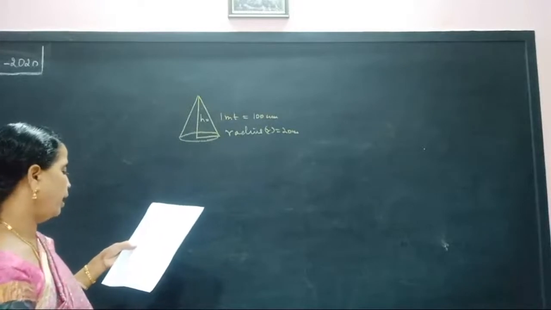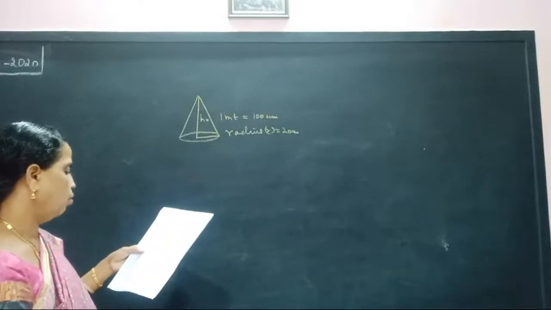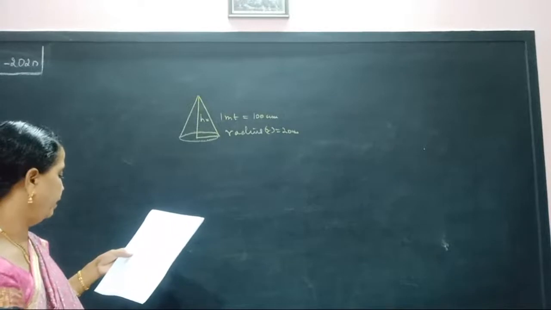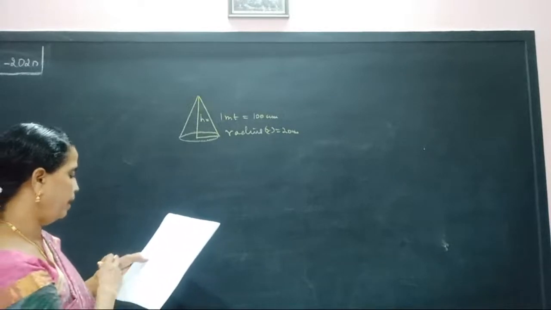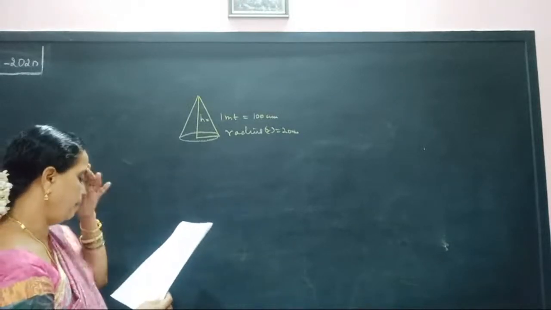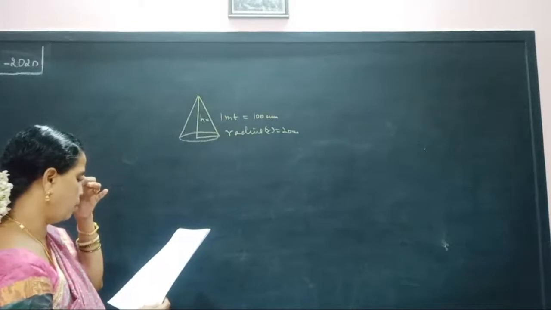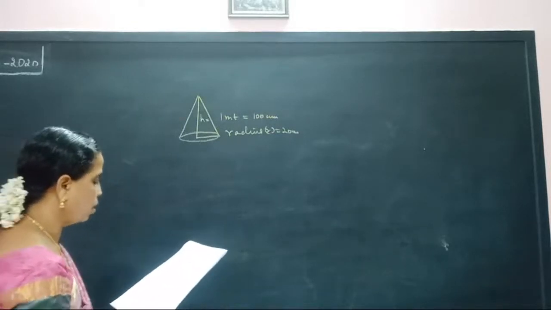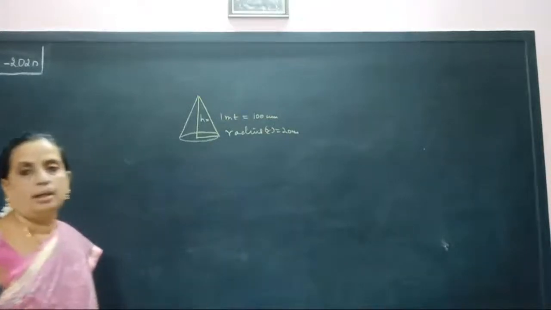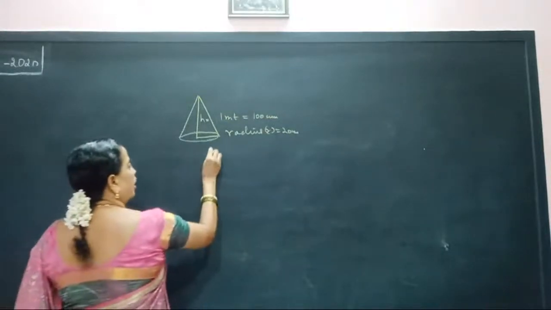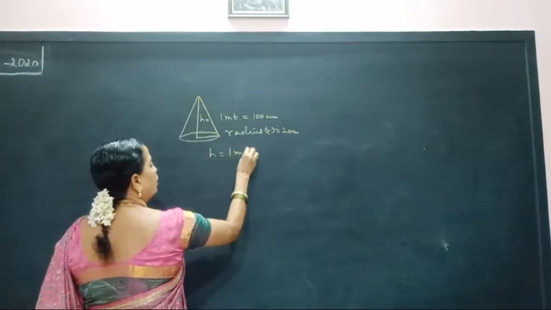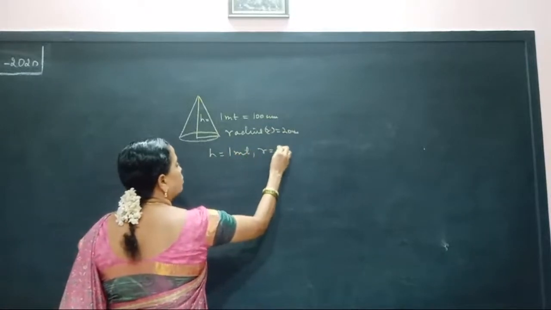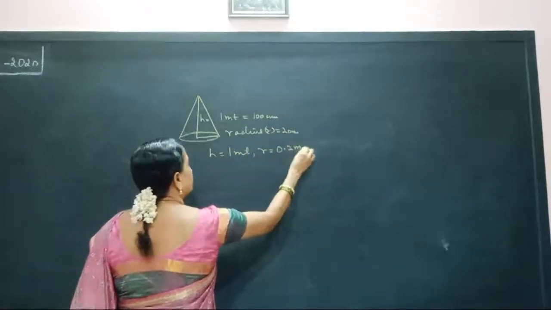If one side, outer side of the cone is to be painted, the cost of painting is rupees 12 per meter square, what will be the cost of painting all these cones? Because the cost is in meter square, let us convert h equals 1 meter only, radius equal to 0.2 meter.